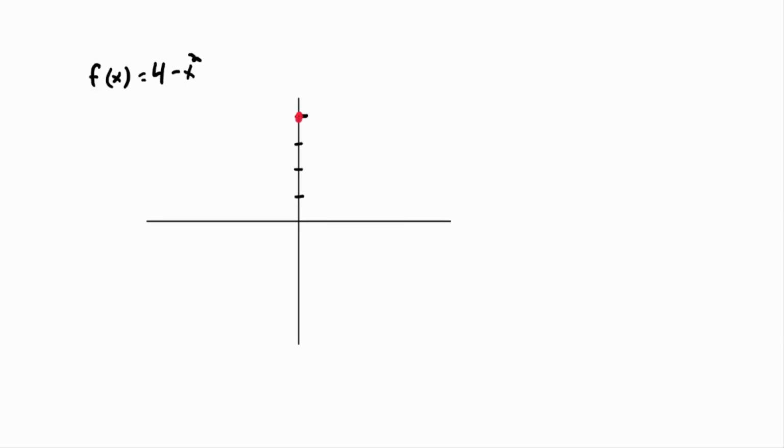Okay, so there's your vertex, and then the x-intercepts are at -2 and +2. And so normally you'd graph a parabola that looks something like this. But really, what part are we interested in? Just the part that goes from 0 to 2, right?